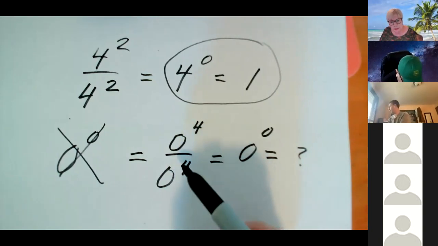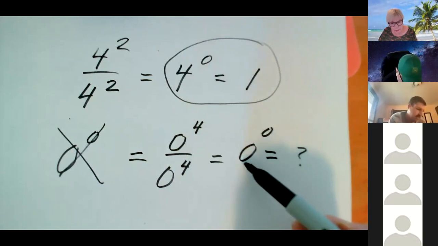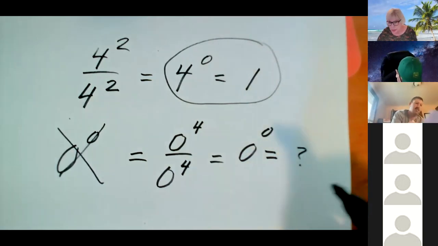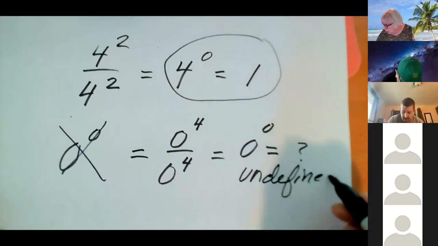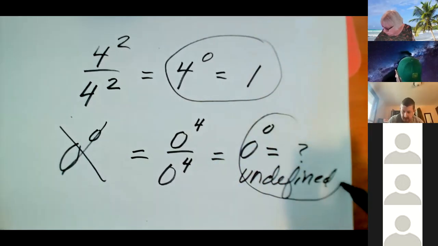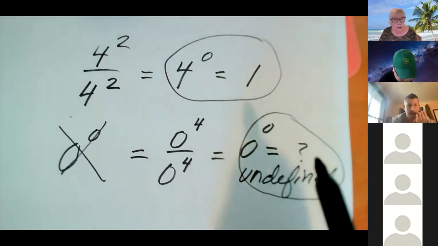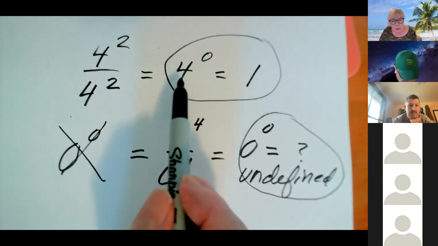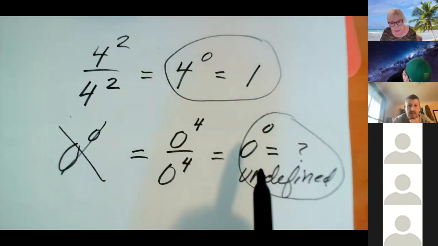You can't divide by 0. So this doesn't have an answer. This is undefined. And I don't think this book actually asked for this problem. 0 to the 0 power, they just make a little note that any number except 0 raised to the 0 power is 1.